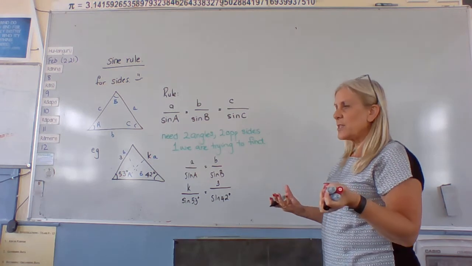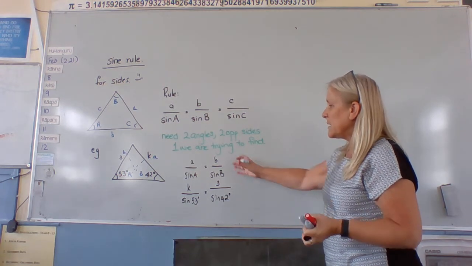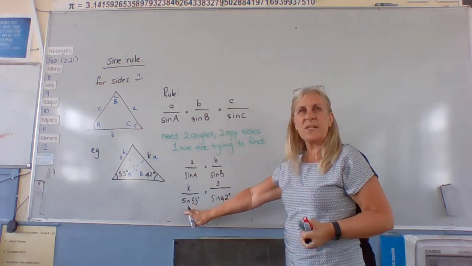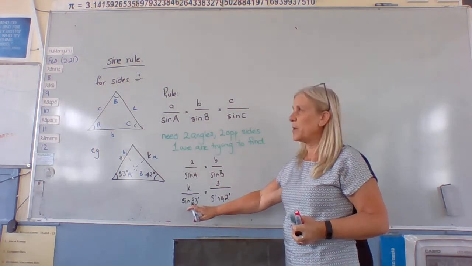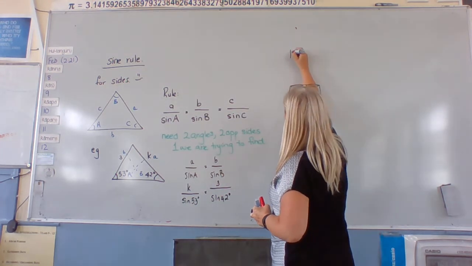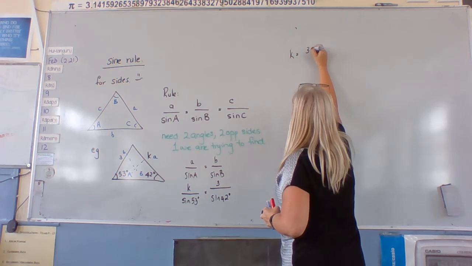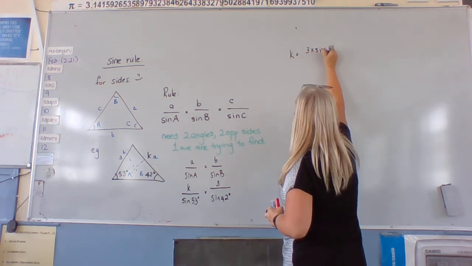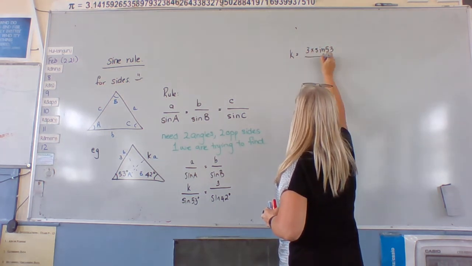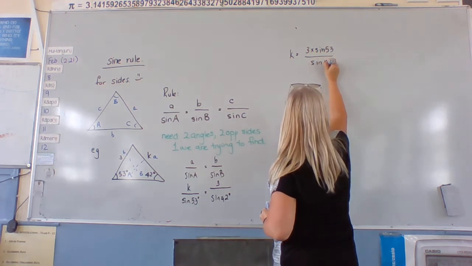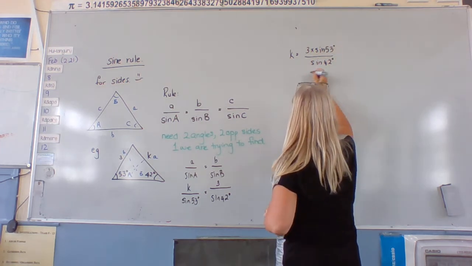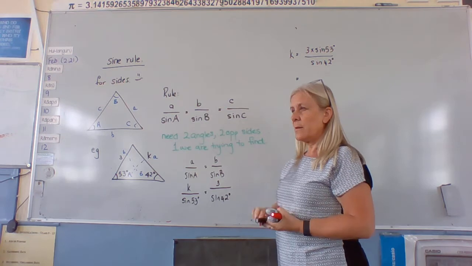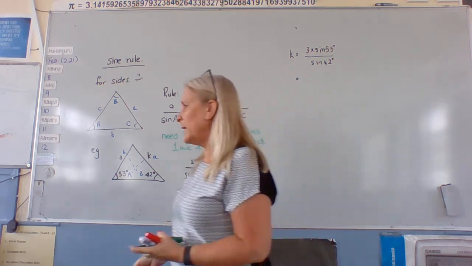Then we rearrange it so we can put it into our calculator. That rearrangement means we just have to get rid of this sine 53 on the bottom here. We want to have K equals 3 times sine 53 divided by sine 42. All right, so put it in your calculator.